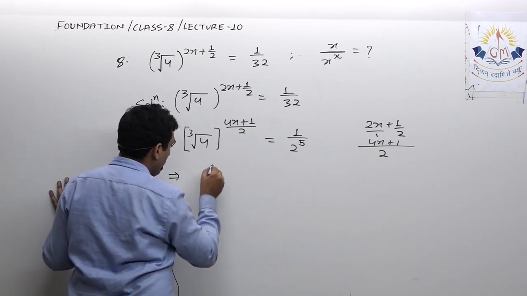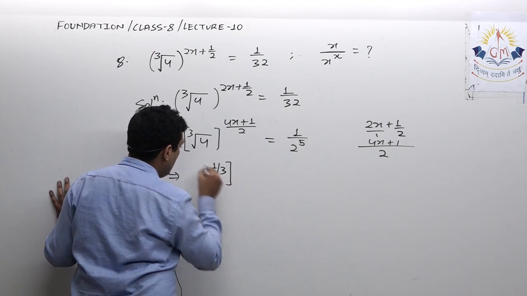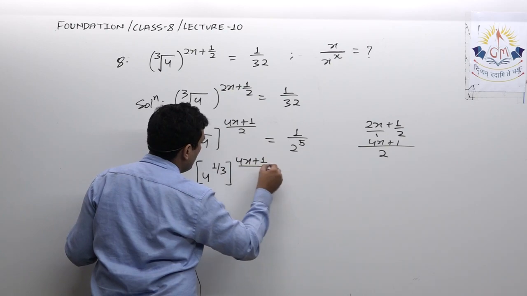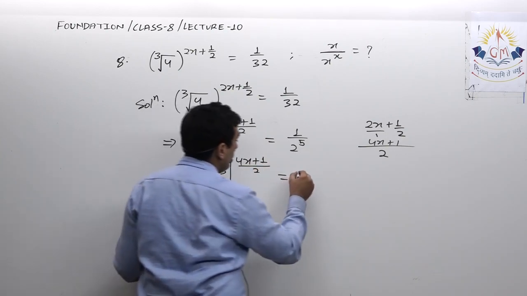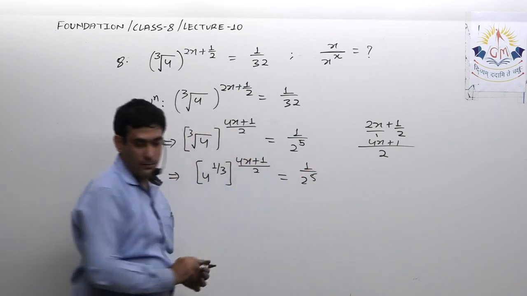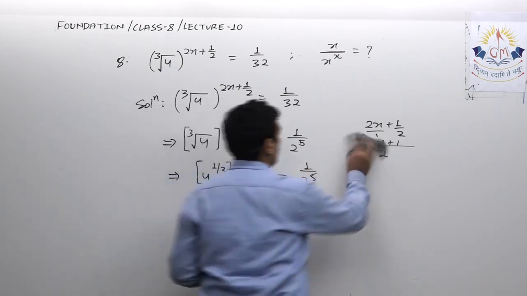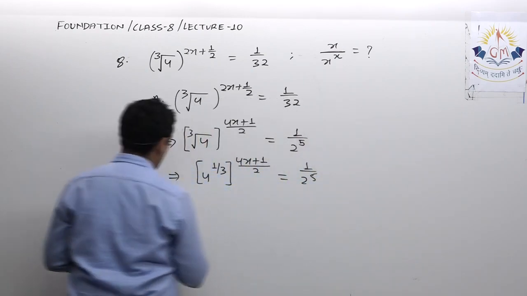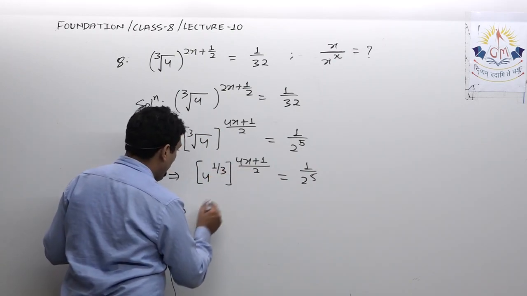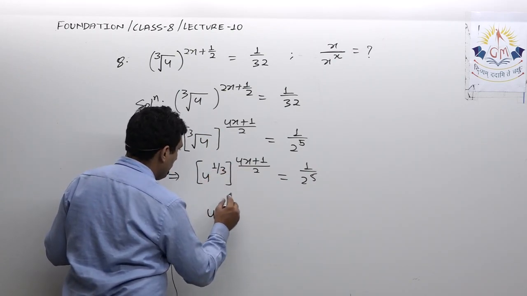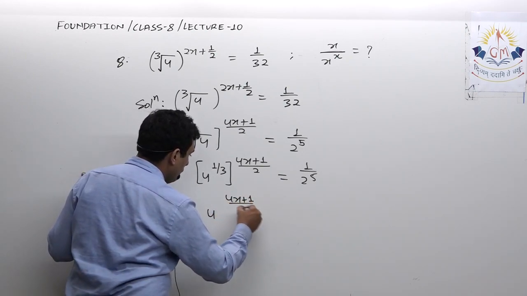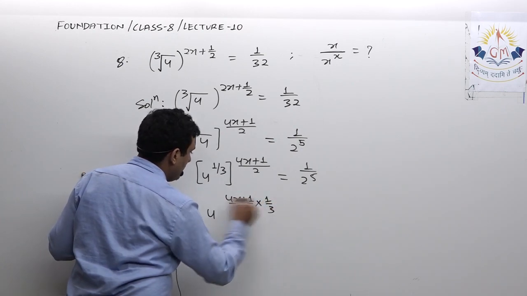Now this I will write 4 raised to 1 by 3 raised to 4x plus 1 by 2 is equal to 1 upon 2 raised to 5. Okay, on simplifying it further, now here it is 1 by 3, so power to power will multiply. 4 raised to 4x plus 1 upon 2 multiplied by 1 by 3.